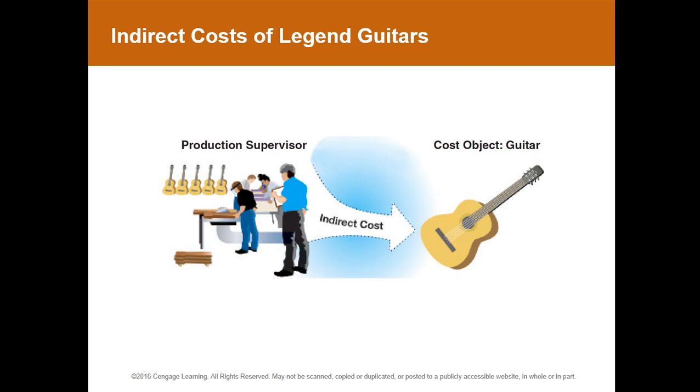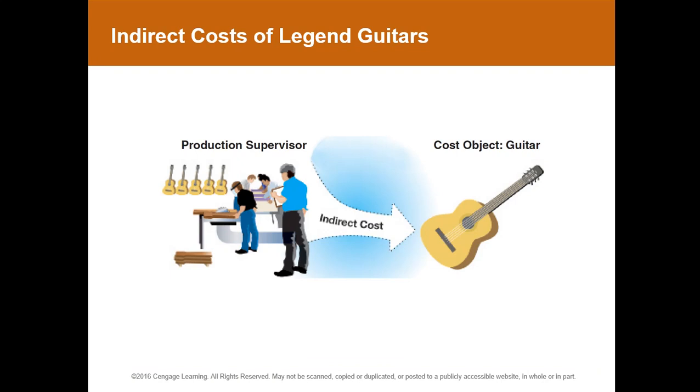Indirect costs are again our supervisor. We know we are incurring a cost, but we can't really put a price on the amount of time that he spends on each guitar. If there's glue, I don't know if they use glue for guitars, I have no idea, but if they're using glue to glue any of these pieces together, again, there's a cost to that glue, but we're not going to sit and measure how many ounces we've used on each one.